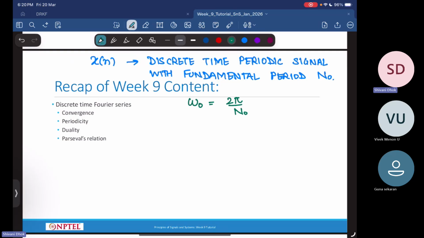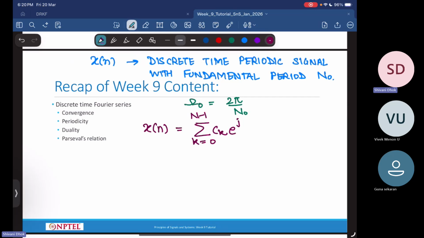and then we said that, similar to your continuous time Fourier series, we can represent the discrete time signal x of n as a linear combination of ck's into e power j times integer multiples of your angular frequency, which are your harmonics.